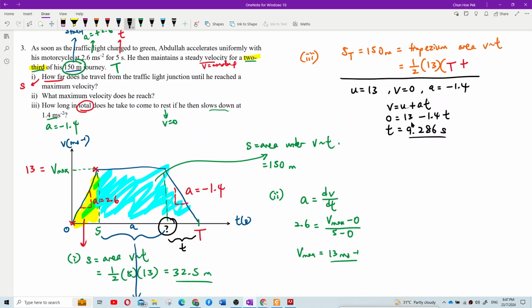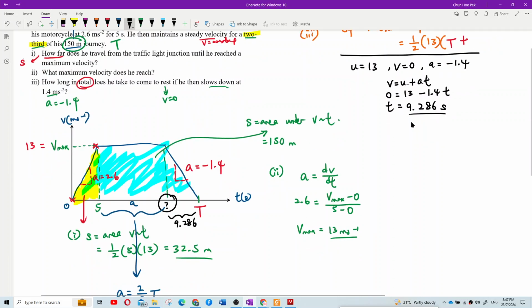So here the time taken here is 9.286. So here is 5 seconds. Here is 5 seconds.